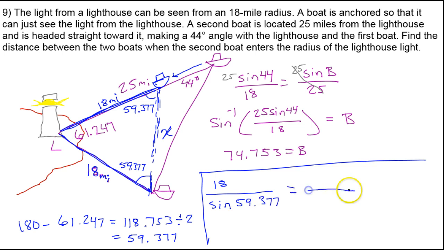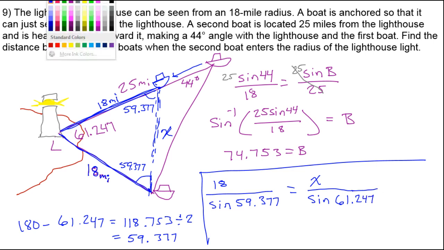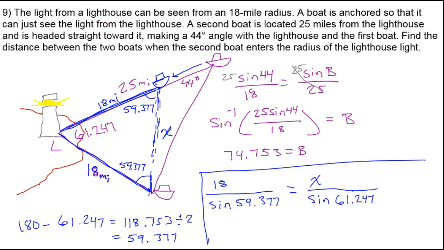And that should equal x, because that's another side, over the sine of the opposite angle. So x over the sine of 61.247. So to get this x by itself, I need to multiply both sides by the sine of 61.247.